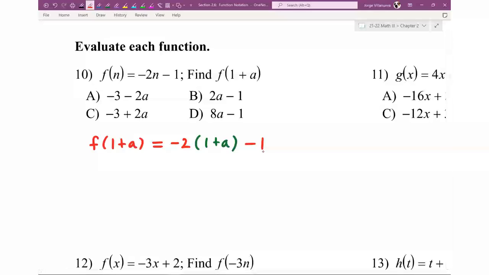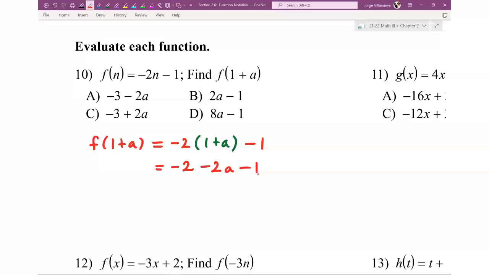So here we go. Negative 2 times 1, that's negative 2. Negative 2 times a is negative 2a. And then subtract 1. So there you go. We're all done with that. Now, fix whatever can be fixed. So we got negative 2 minus 1.